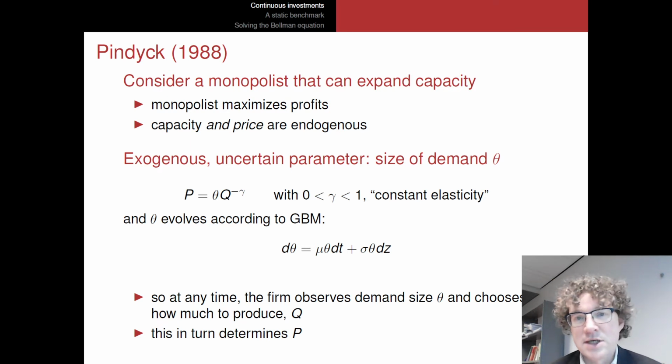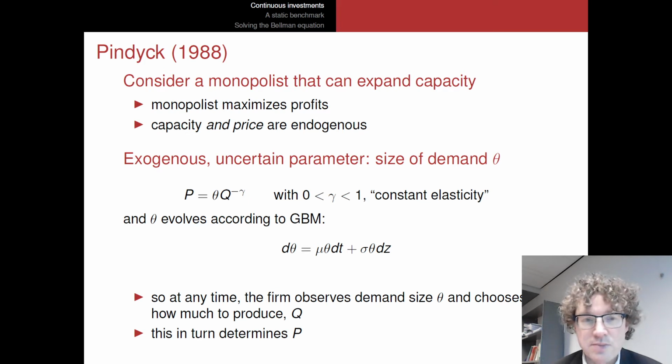And also capacity is chosen by the monopolist itself in response to what happens outside as exogenous evolutions. So what is exogenous here? Well, what we're going to choose here is the size of demand, theta. So, to make this a bit clearer, what we have here is some demand function, or rather an inverse demand function, P equals theta times Q to the power minus gamma.